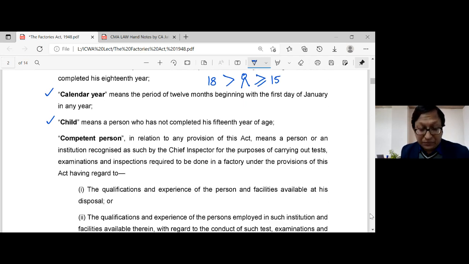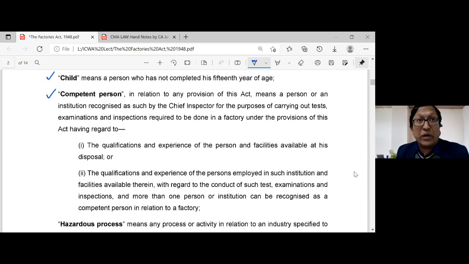We will discuss that. Then we have competent person. Competent person in relation to any provision of this act means a person or an institution that is recognized by the chief inspector for the purpose of carrying out tests. There is one post of chief inspector of factories.